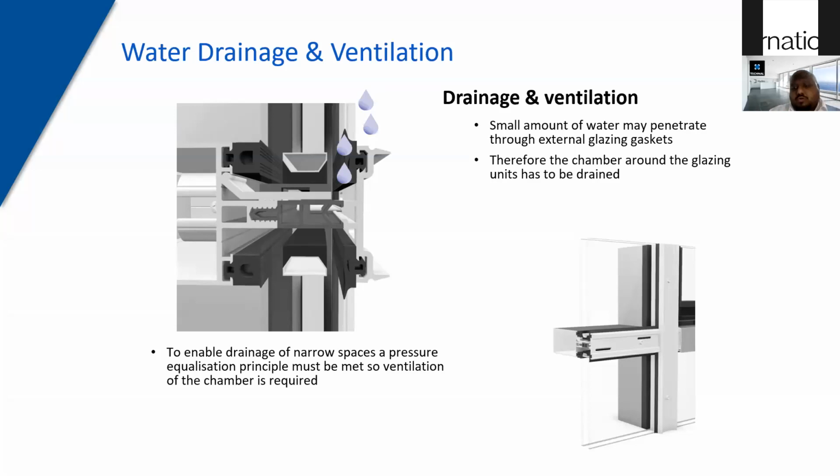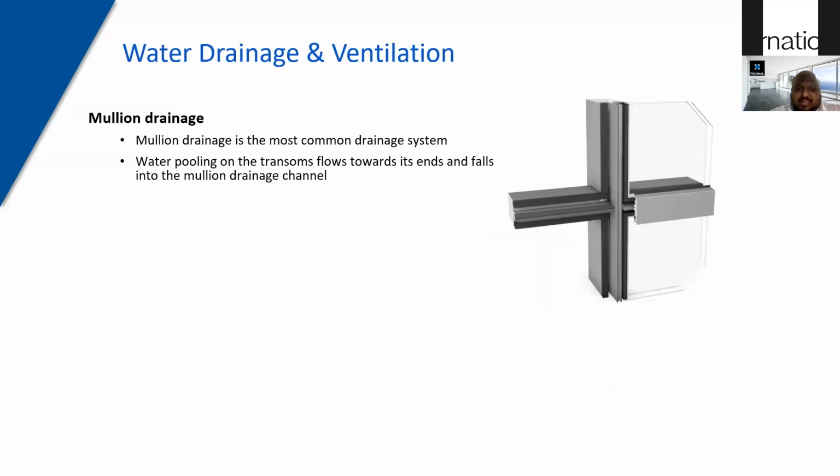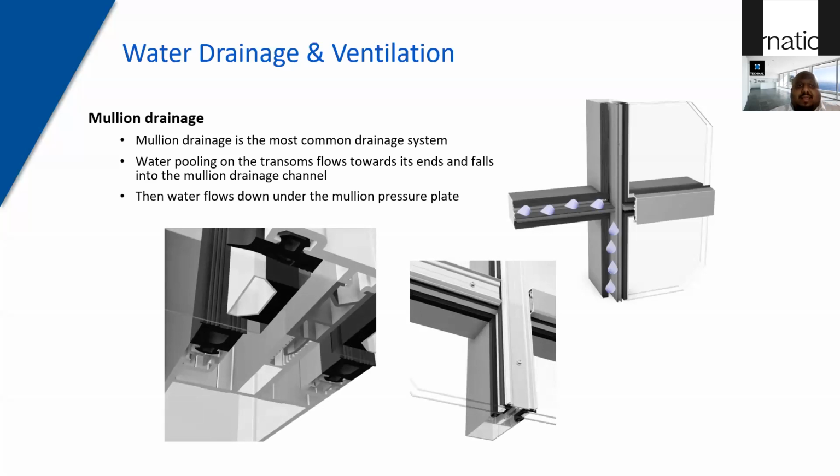Traditionally, there are two types of drainage. One is what we call mullion drainage, which is most commonly practiced in Europe. The principle of mullion drainage is that any water accumulating on the transom, which is the horizontal member, flows towards the end and then falls into the mullion drainage channel, and then the water flows down under the mullion pressure plate. This is traditionally followed globally.